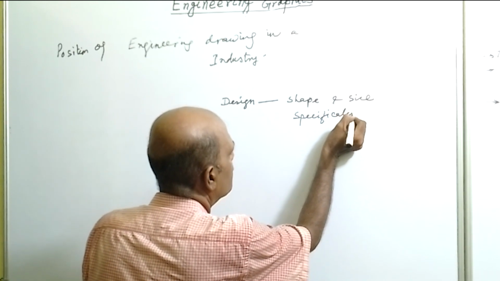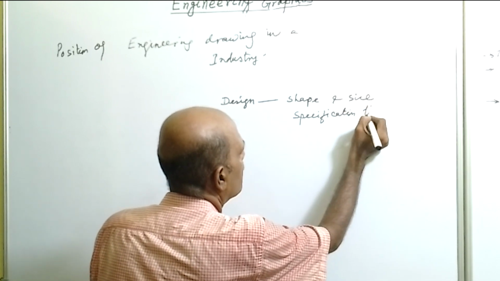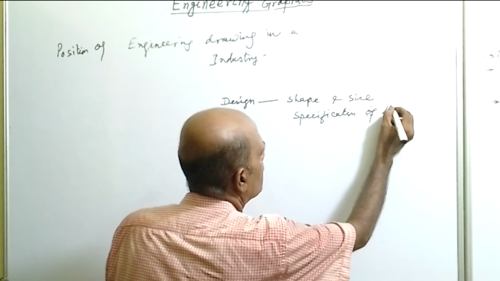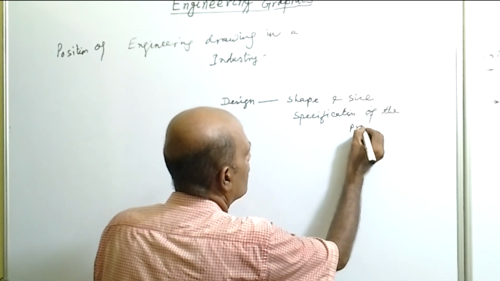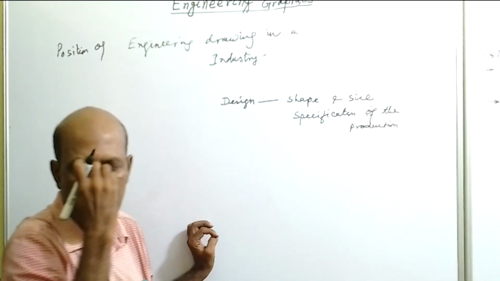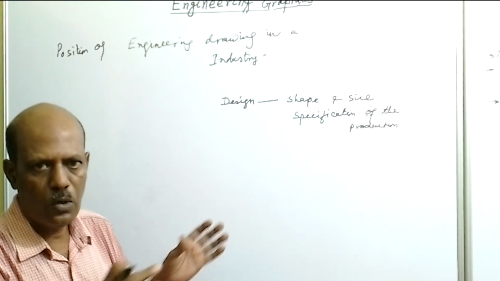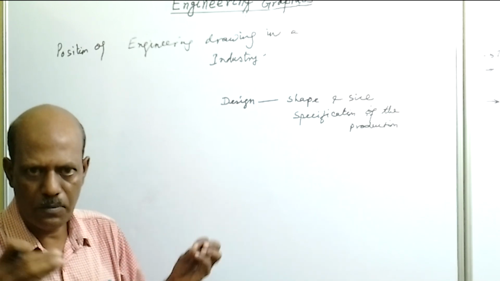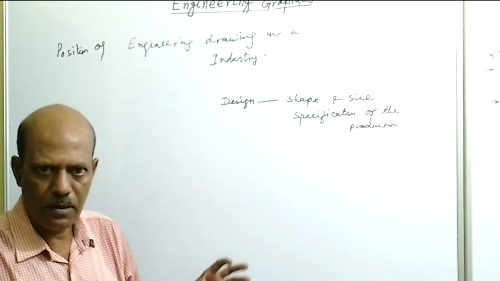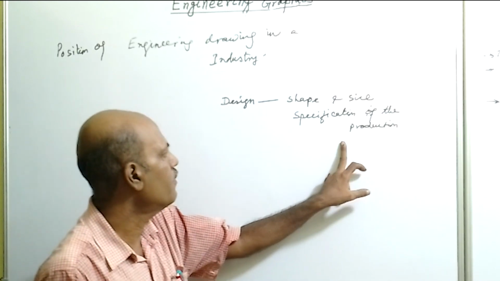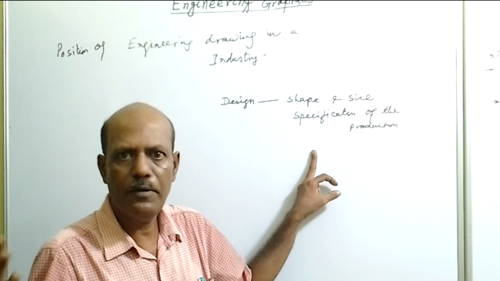The specification of the product is in the form of notes. What should be the length, width, height, the position of holes, the diameter of holes, everything. All the specifications are given by the designer about the product.